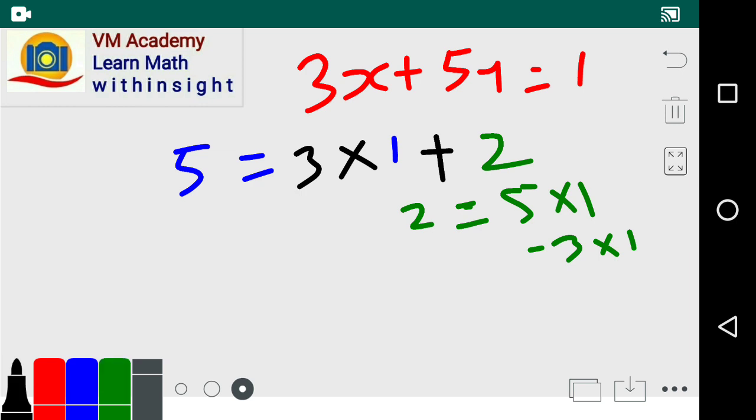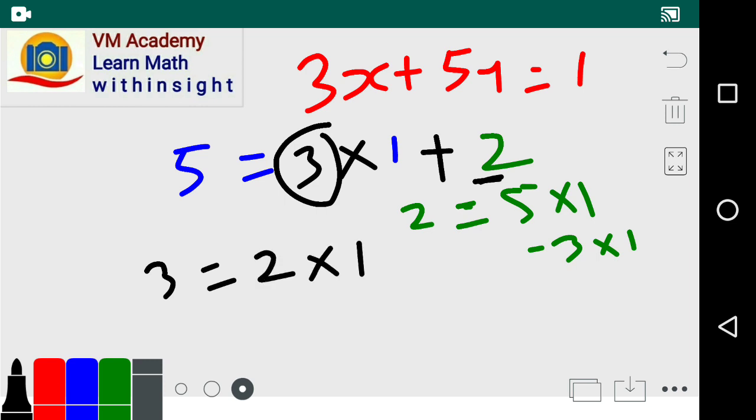Now again 3 can be written as 2 times 1 plus 1, that is 3 divided by 2 gives quotient 1 and remainder 1.